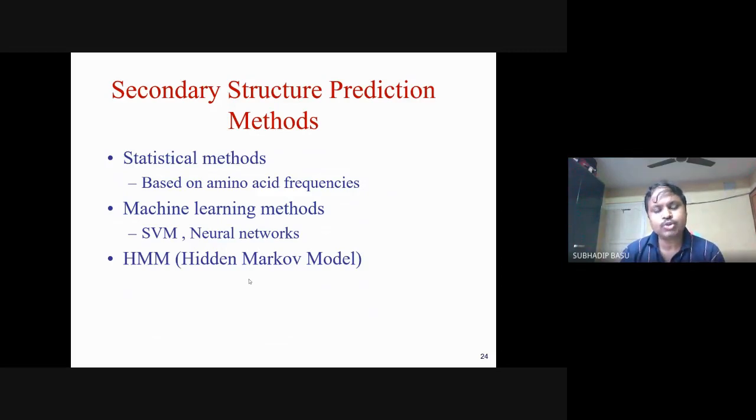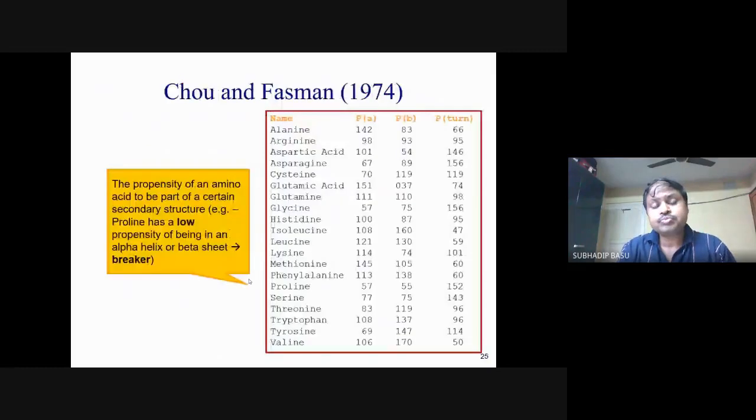This was popularly studied, and then different machine learning methods like support vector machines and neural networks were applied. Hidden Markov models were very popular, and we will also study some hidden Markov model approaches in this course. One of the first approaches was proposed by Chou and Fasman in 1974.